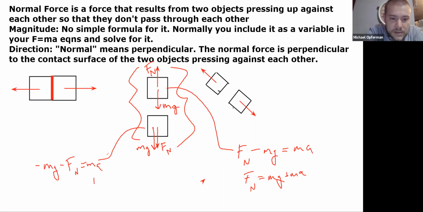So in this case, it would be minus mg minus ma. So you get something a little bit different. But anyway, calculating the normal force, we'll leave that for another video. But I just want you to know here what the normal force is, which direction it points in, and what it physically represents, so that you can know when you should include it in a problem.